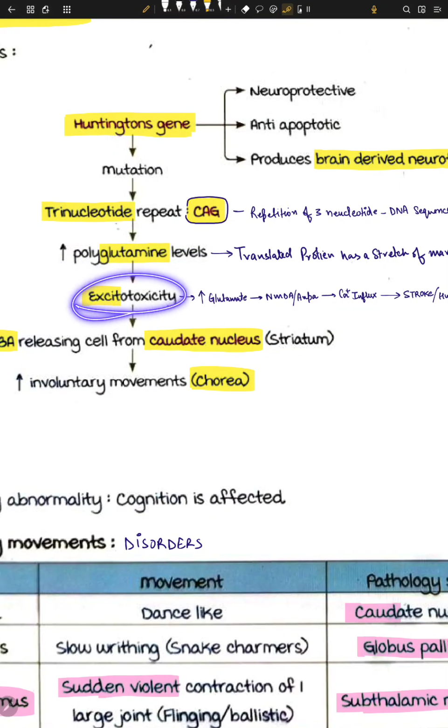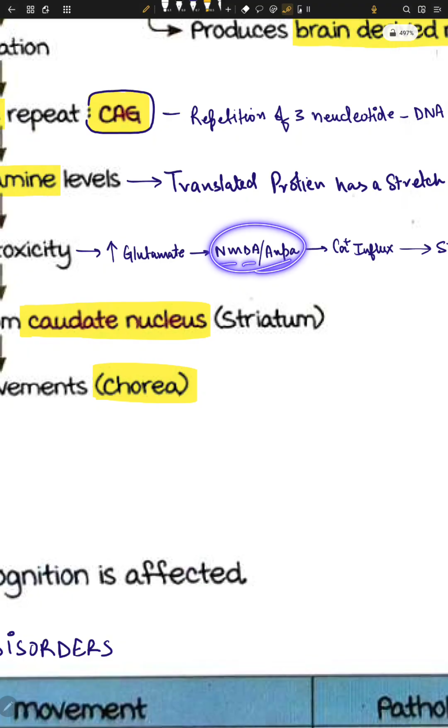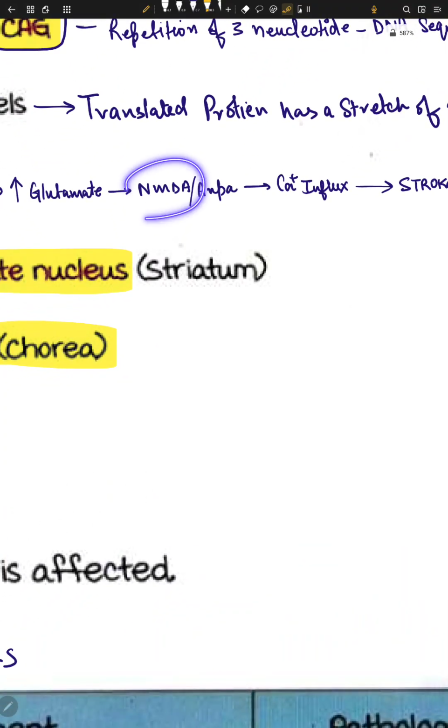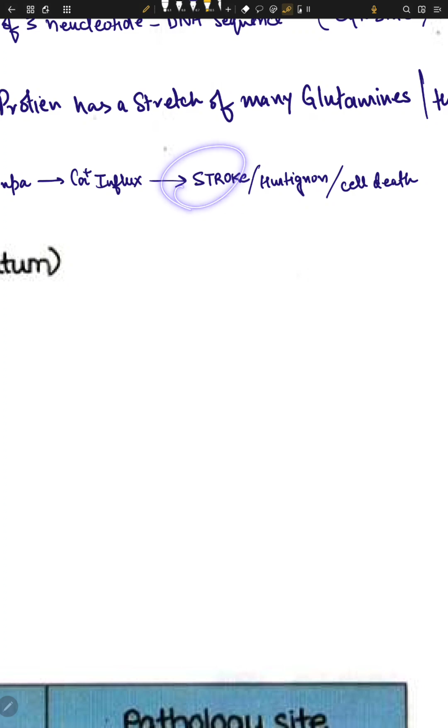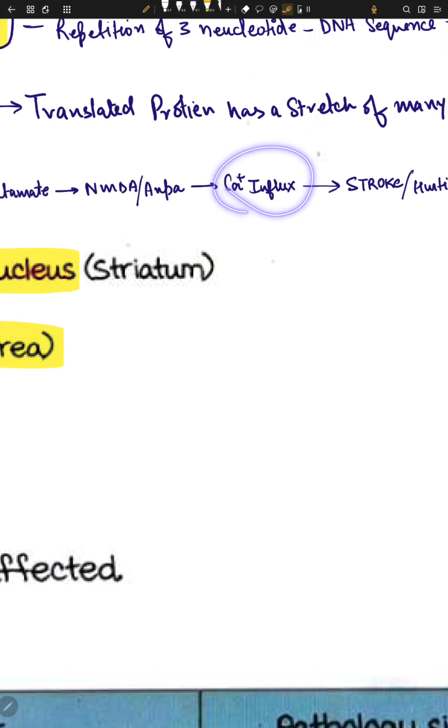The excitotoxicity increases. More glutamate means more NMDA and AMPA stimulation. We will read about them soon. NMDA gets stimulated, we have calcium influx, and then we have stroke. Not from stroke, basically a lot of calcium results in a lot of further downstream processes.